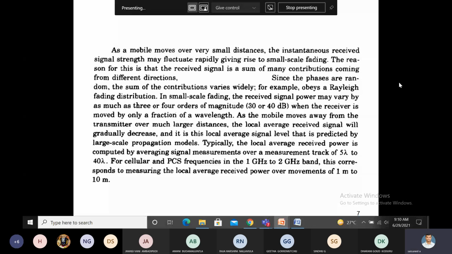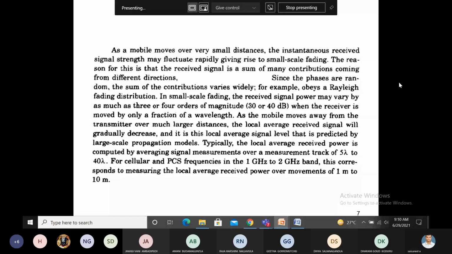And we have to calculate the local average received power over movements of 1 meter to 10 meters for small scale fading. That is, the calculation is over a short distance, a small wavelength, and a small time duration.